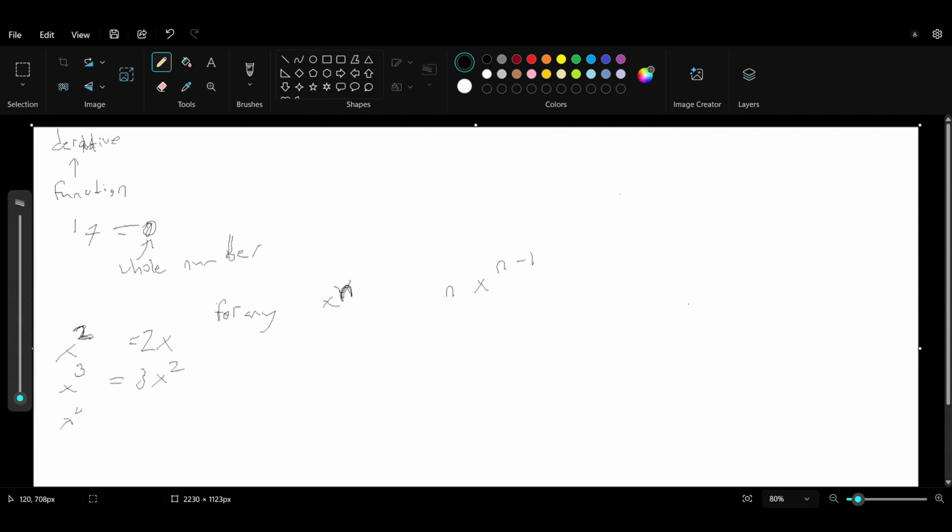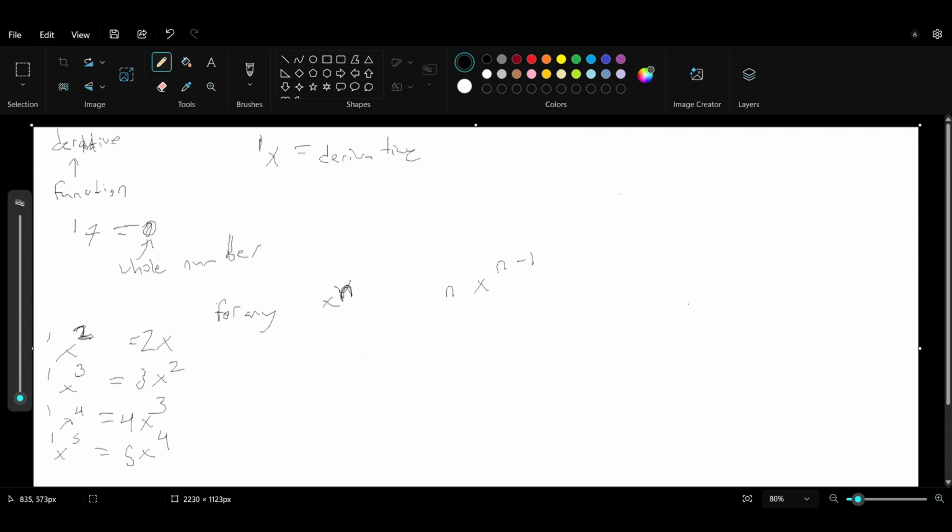So x to the fourth is equal to 4x to the third, and x to the fifth is equal to 5x to the fourth. Let me just say this little notation is derivative.